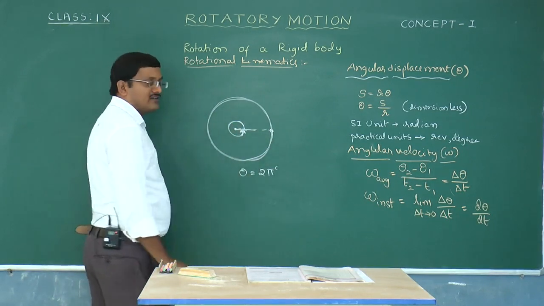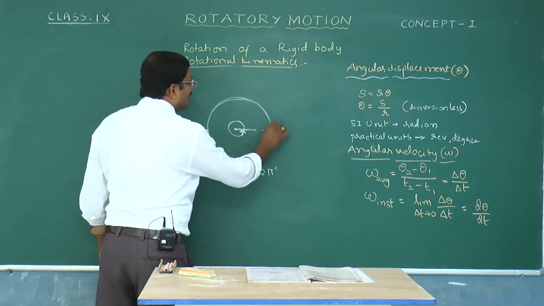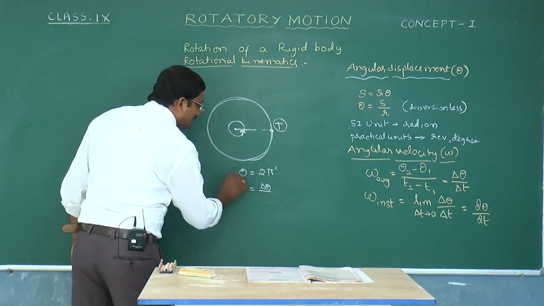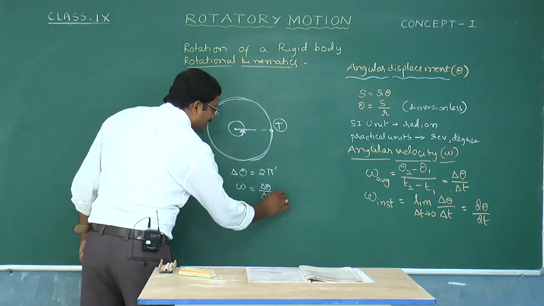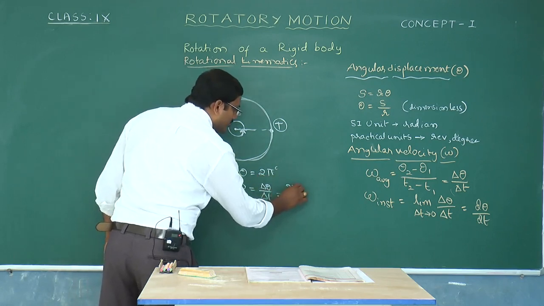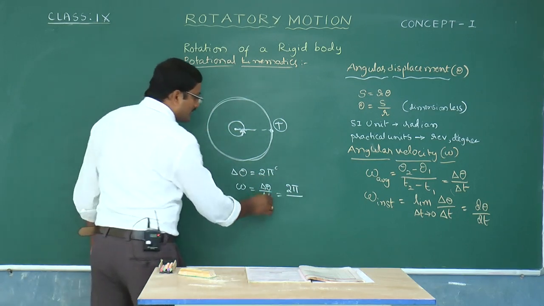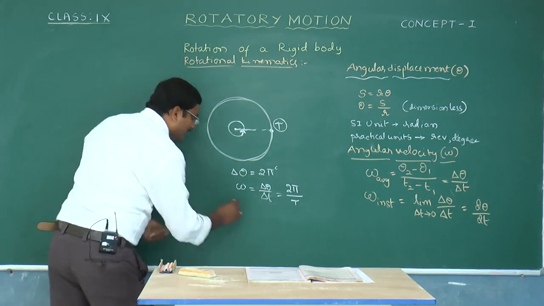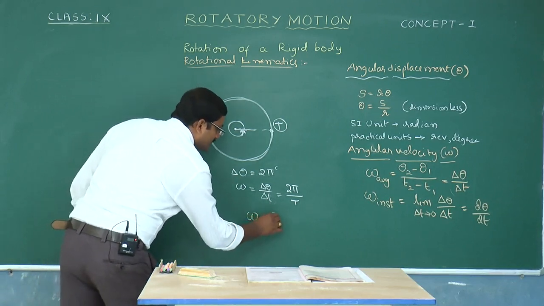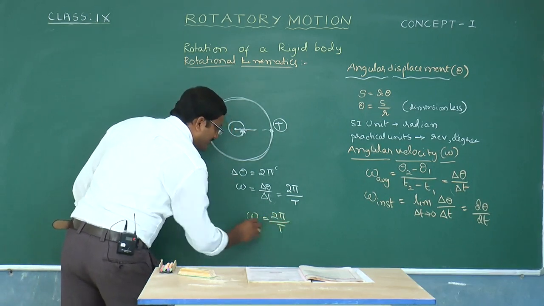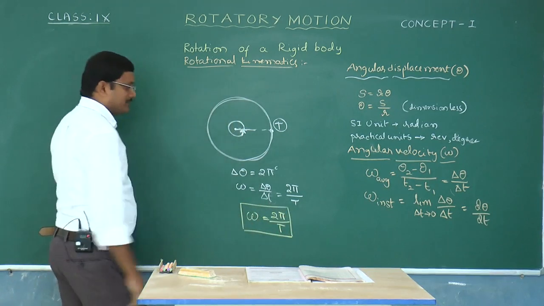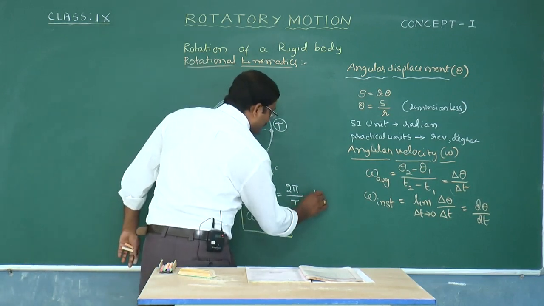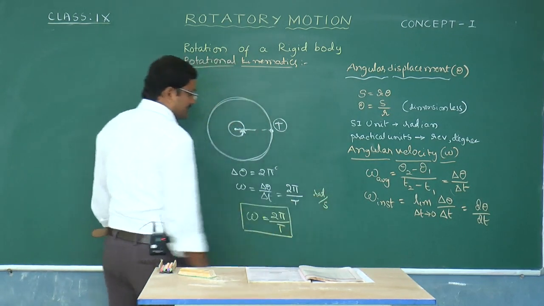If it completes this in a time period t, then omega is delta theta by delta t. For a complete rotation the angle is 2 pi radians and the time is the time period t. So we get one more relation: angular velocity omega is equal to 2 pi by t, and the units are radian per second.